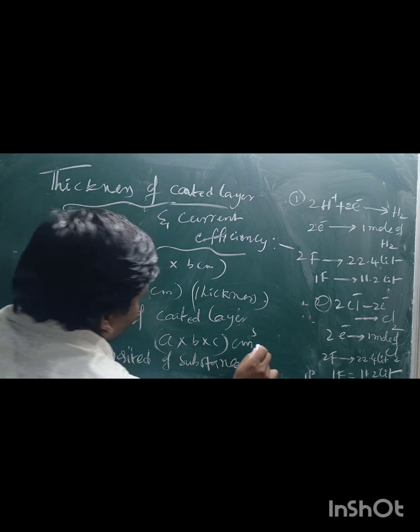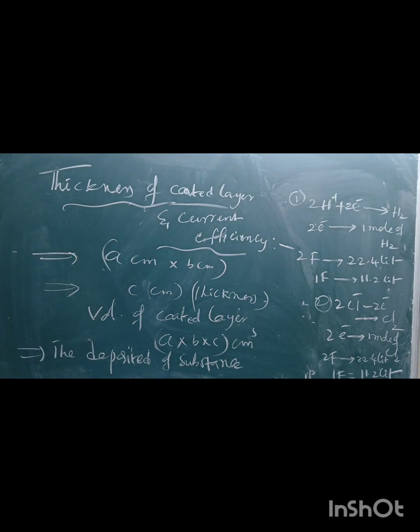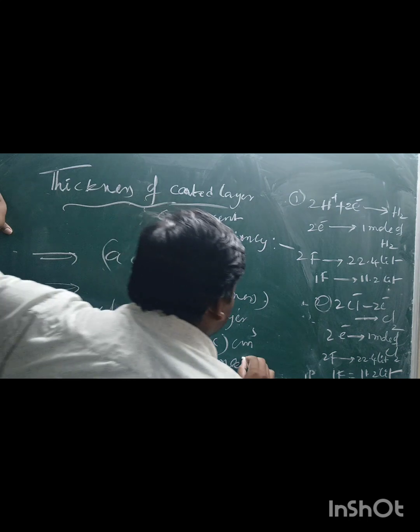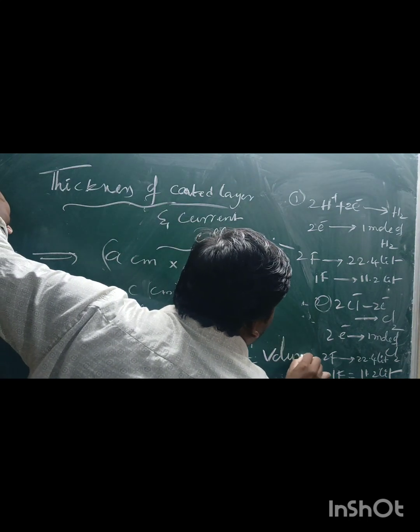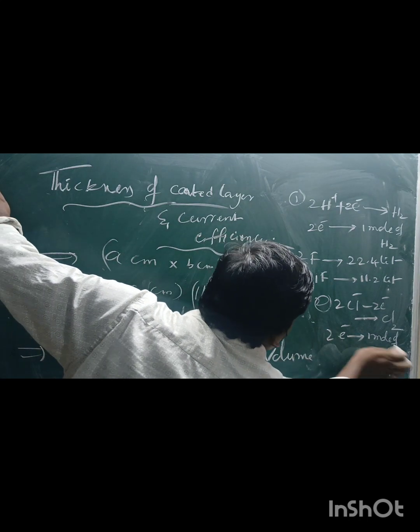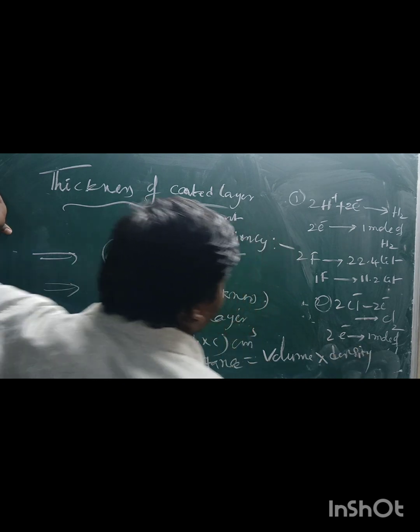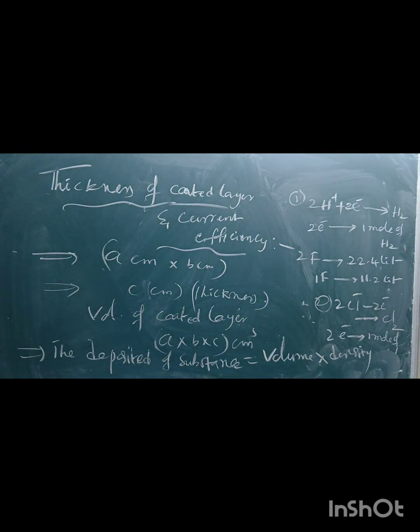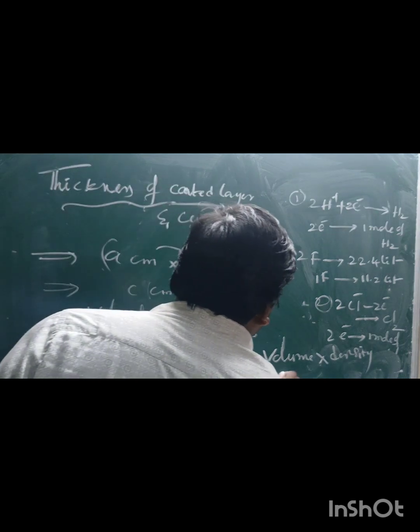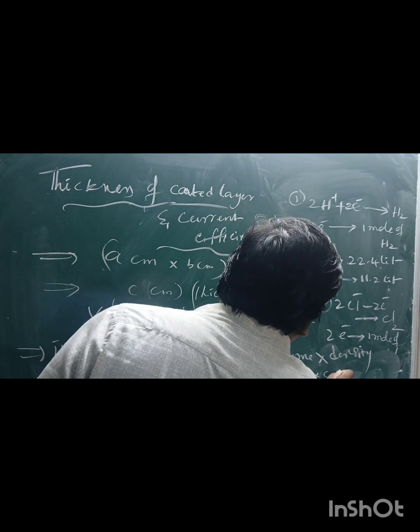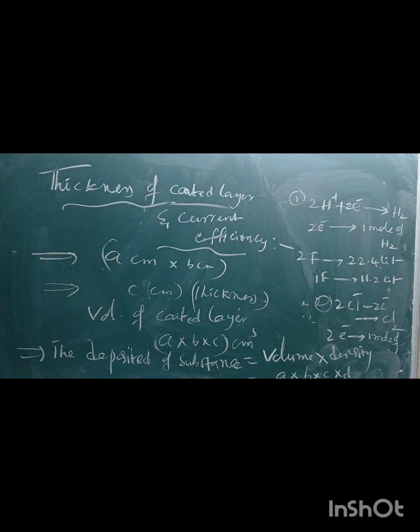What is the mass formula here? Volume into density. Volume is already ABC, density D. So A into B into C into D is equal to the mass deposited.